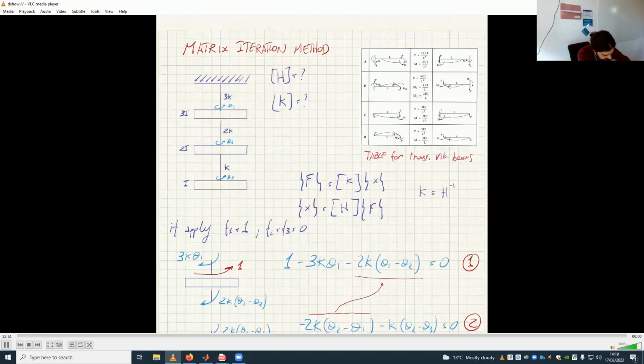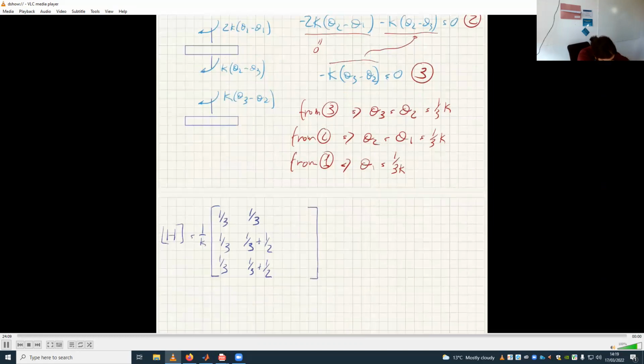For the last one, if I apply a force there, the last one is 1 over 3 plus 1 over 2 plus 1. The second one is 1 over 3 plus 1 over 2. And the first one is 1 over 3. So this is 1/3, 1/3 plus 1/2, 1/3 plus 1/2 plus 1.